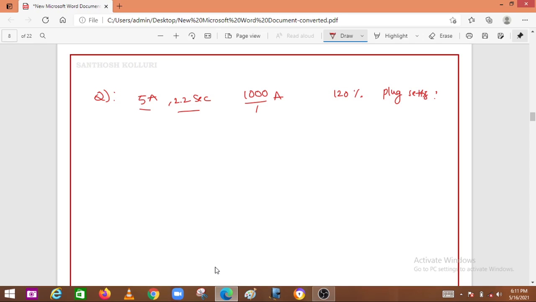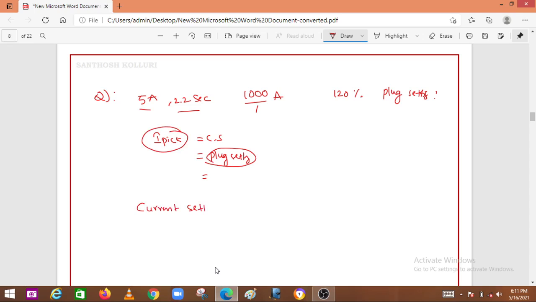We know already that pickup current is nothing but the plug setting, just like the threshold value of the relay we discussed. So he is asking the plug setting, which means nothing but pickup current only. If you know the formula of current setting, then you can calculate the plug setting.